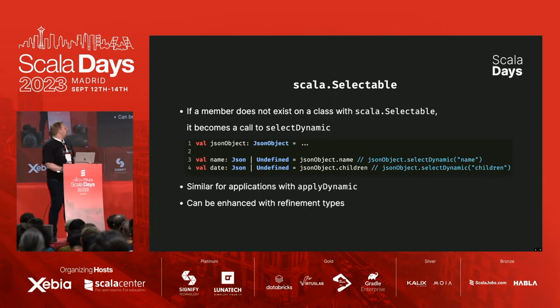So for example, if we have jsonObject.name, we're going to instead call jsonObject.selectDynamic of that name as a string. And then at runtime, we can figure out what to do with that. We can do something similar with applyDynamic for function applications, but we don't need it for this API. And we can also use refinement types, which we'll see in later slides.